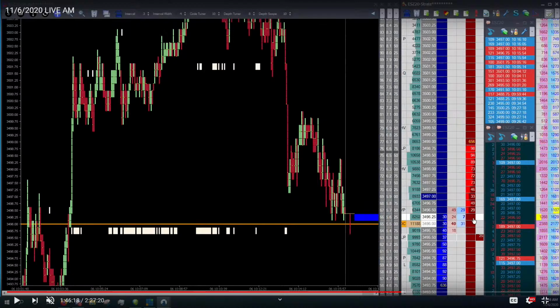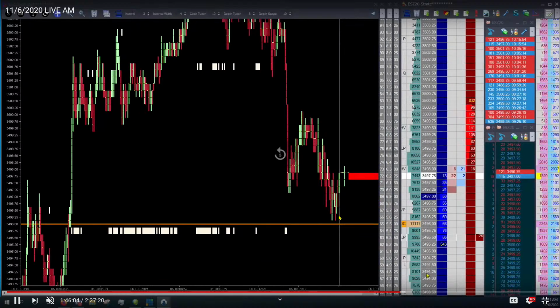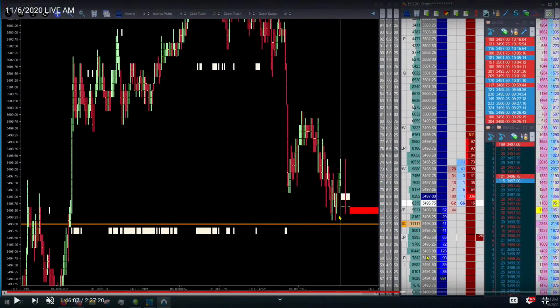So I'm trying to understand this a little bit better, because this specific entry is really good, but at the same time it just didn't work.